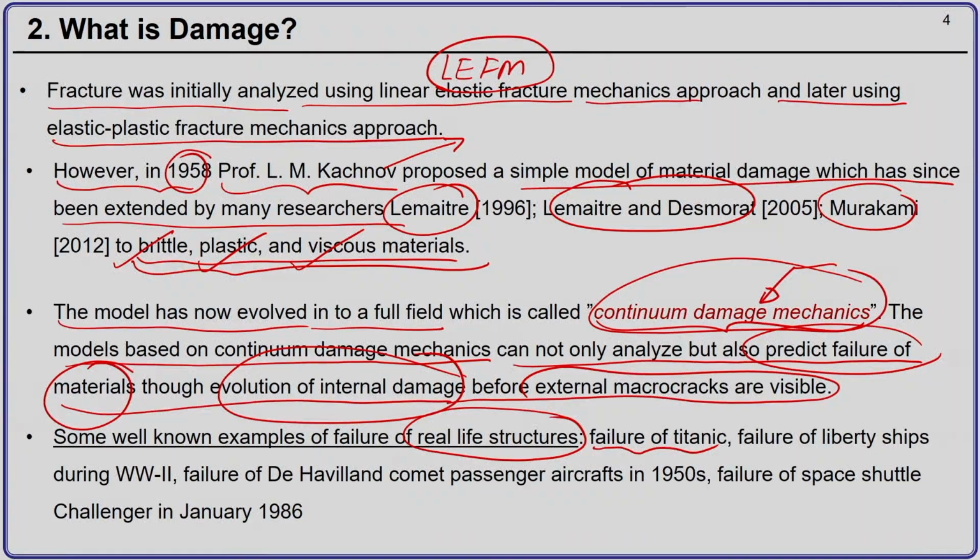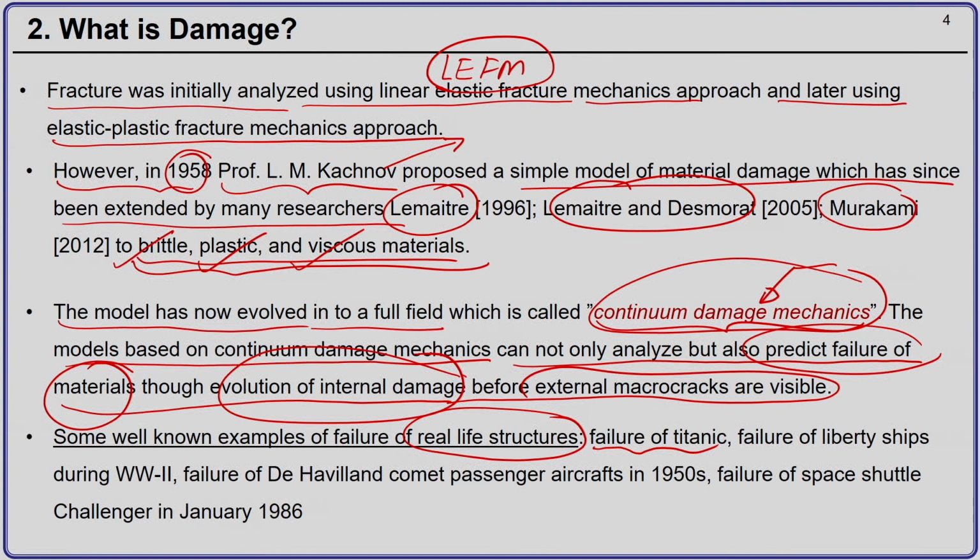Now, what caused this fracture? Obviously, there was this iceberg which tore through the steel plates which formed the outer covering of the ship. Later it was found that under test conditions the steel was very ductile, which means it would deform, but to cause a failure it took a lot of effort.